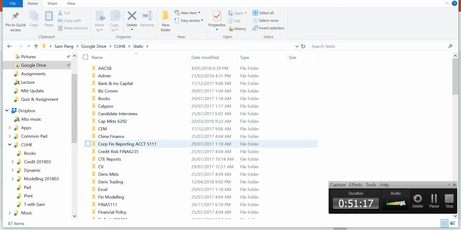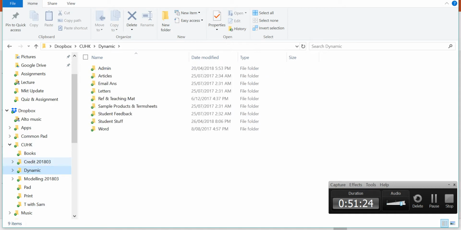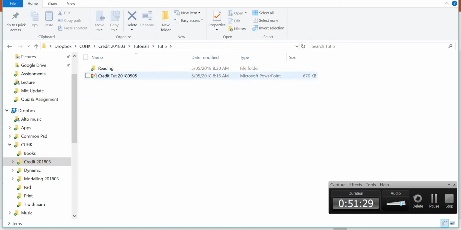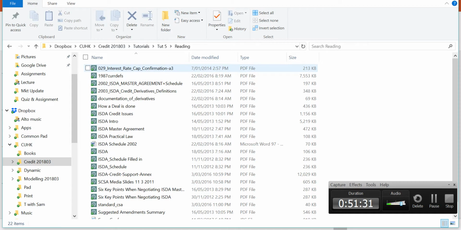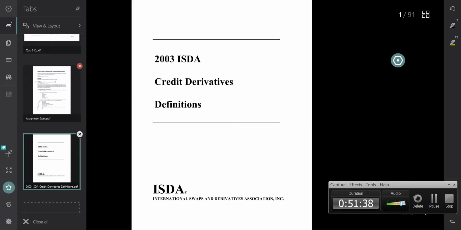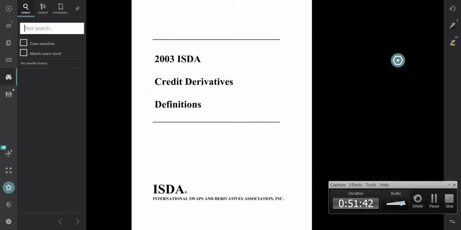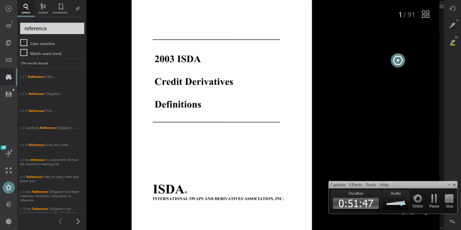See if I can find a copy to show you. Right? So I think I do have something. This is the credit derivative definitions. Okay, so this is, wow, so many references to reference.